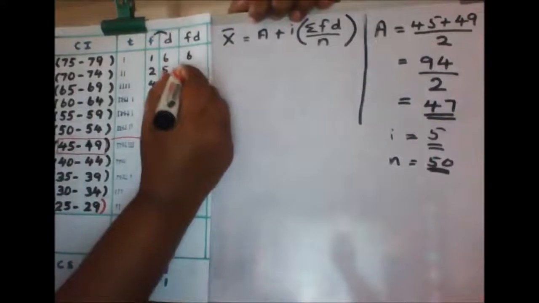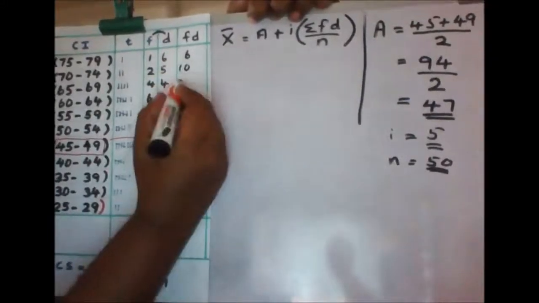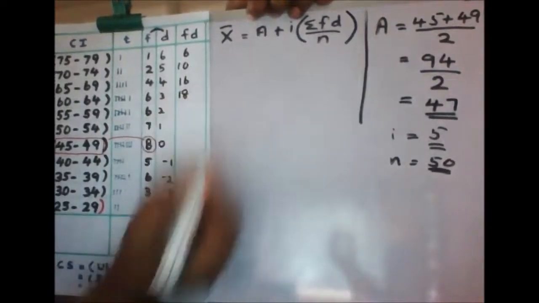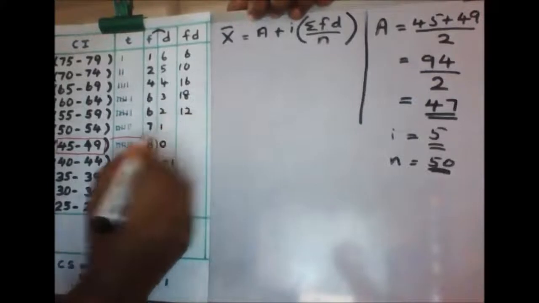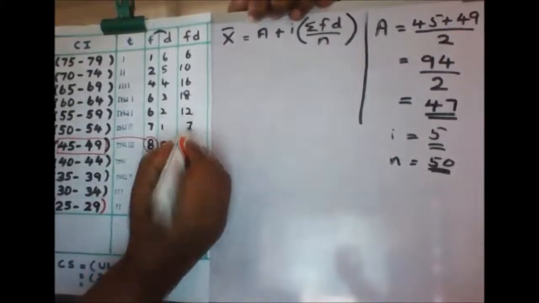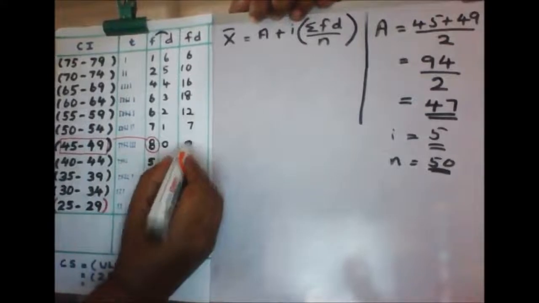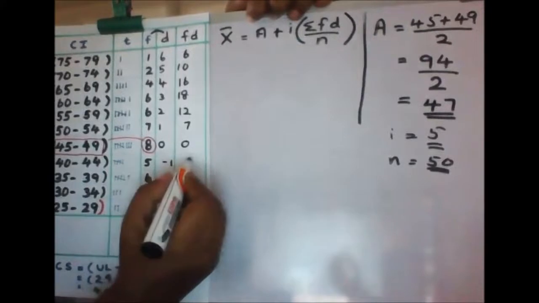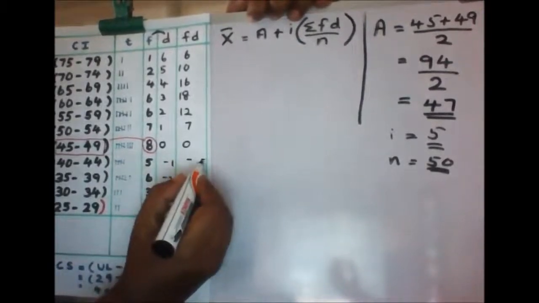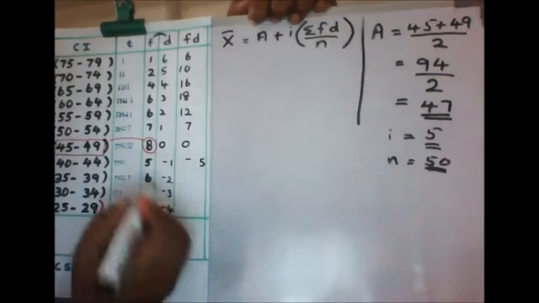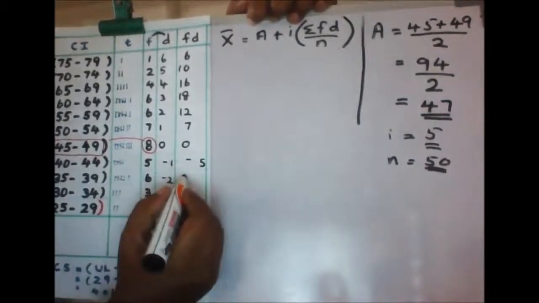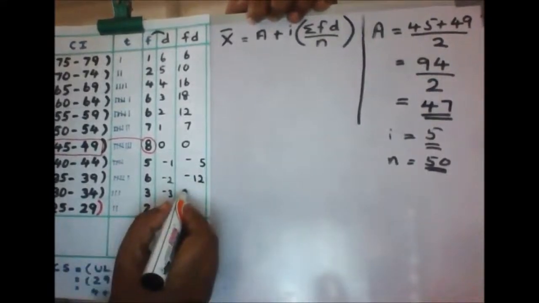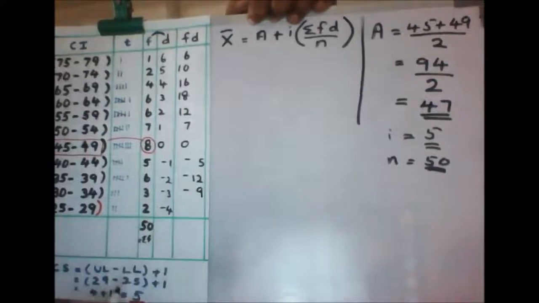Then 10, 16, 18, 12, 7 into 1, 7, here 0, then minus values. 5 into minus 1, minus 5, leave some space, next to the line. 6 into minus 2, minus 12. 3 into minus 3, minus 9.